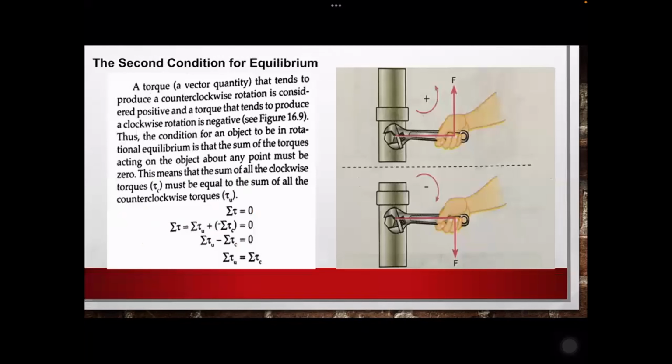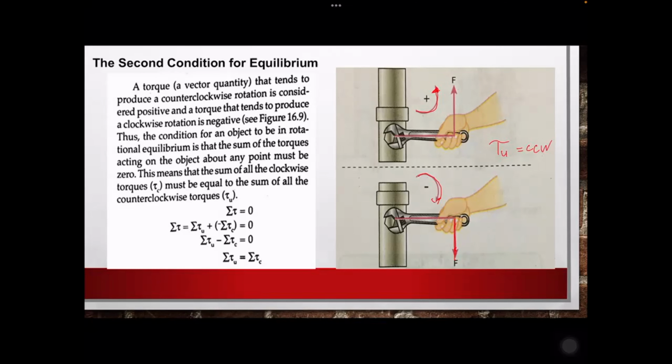So, to understand more, we have here the second condition for equilibrium. Yung pataas, ito yung sinasabi ko kanina, the force applied is upward, so magkakaroon ka dito ng positive. That will be counterclockwise. Now, kapag naman negative, or pababa naman yung force na i-apply mo, that will be clockwise. Kapag torque CCW, ibig sabihin counterclockwise.